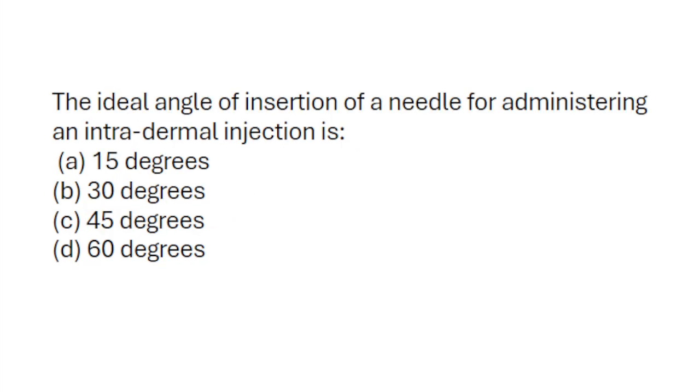the ideal angle of insertion of a needle for administering an intradermal injection is A. 15 degrees, B. 30 degrees, C. 45 degrees, D. 60 degrees. The answer is, for ID injection always 15 degrees angle.